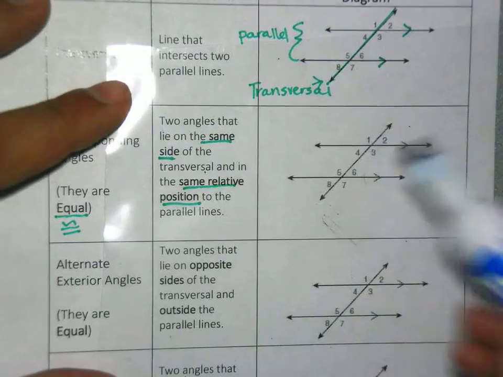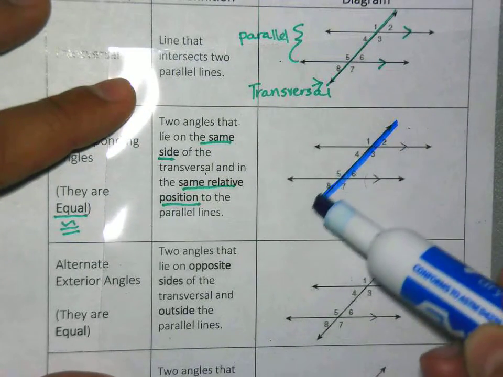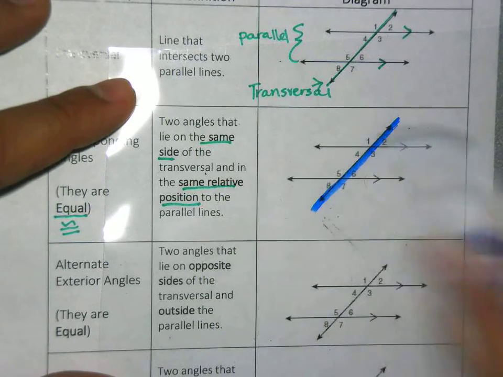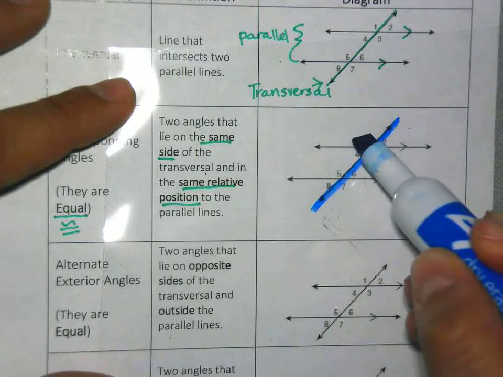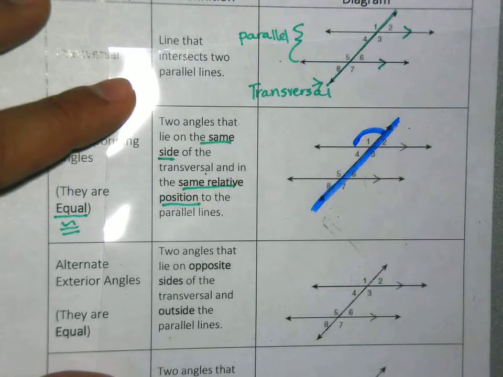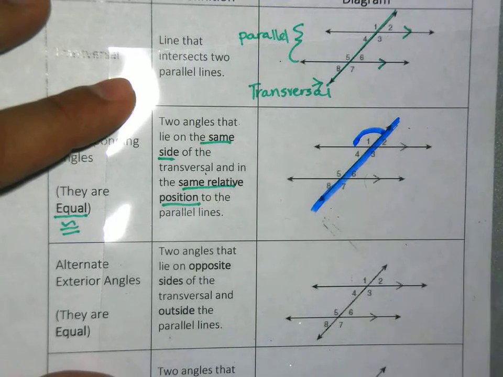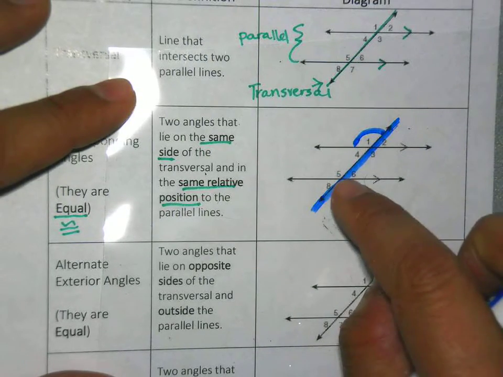So I'm going to first focus on angle 1. I'm only going to trace over my transversal, and I'm going to put an arc around angle 1. The angle that would be on the same side of the transversal in the same relative position would be angle 5.